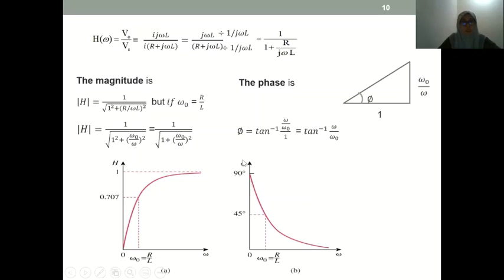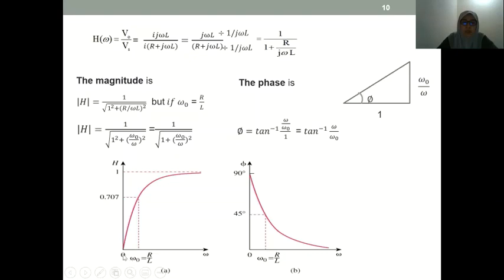Okay, so now we can substitute, similarly to our RC circuit just now. Okay, so you plot at omega equal to 0. When omega is equal to 0, you substitute omega with 0, so you will get your H equal to 1.